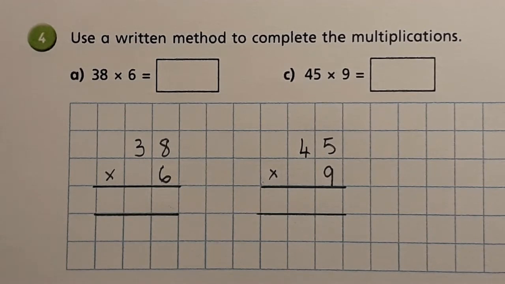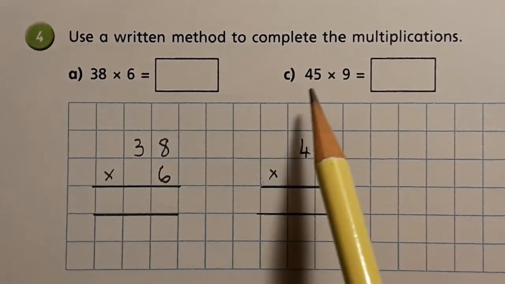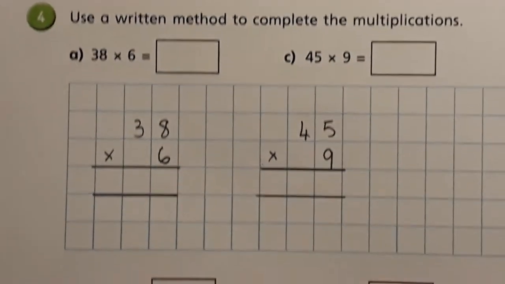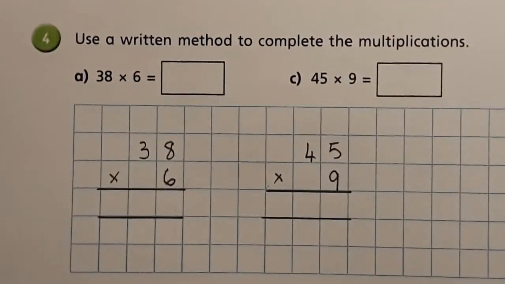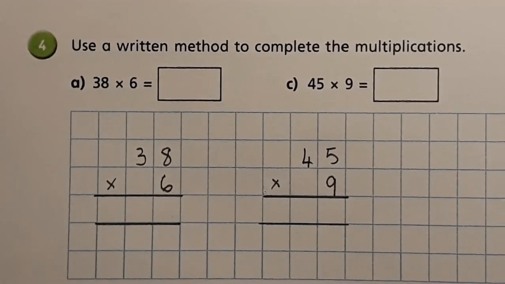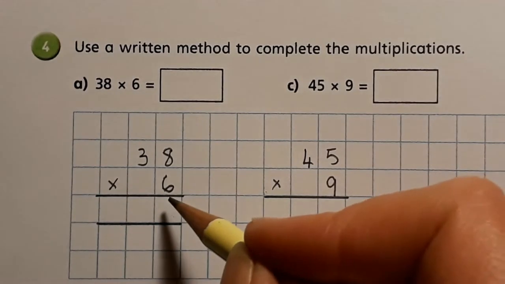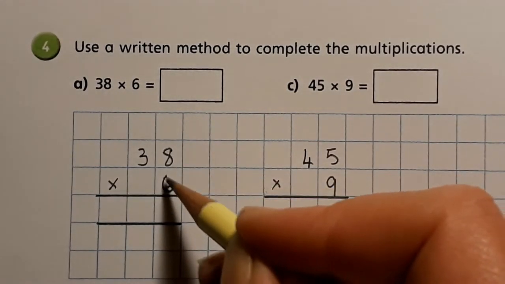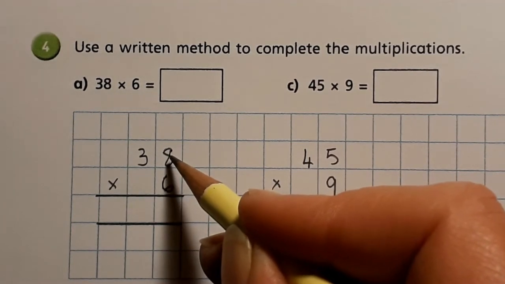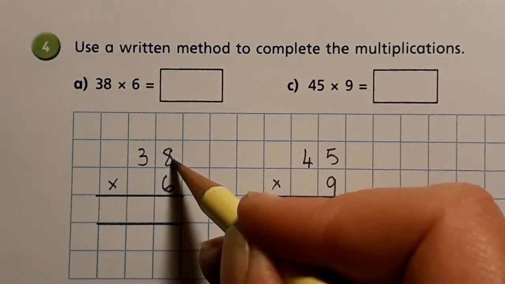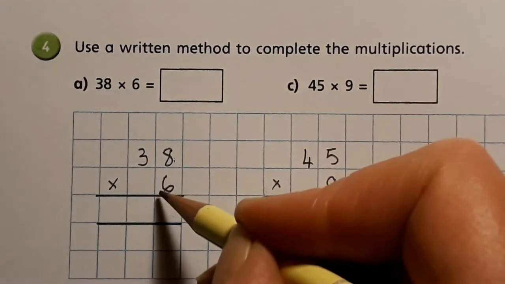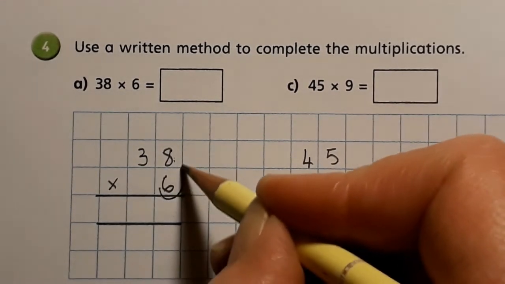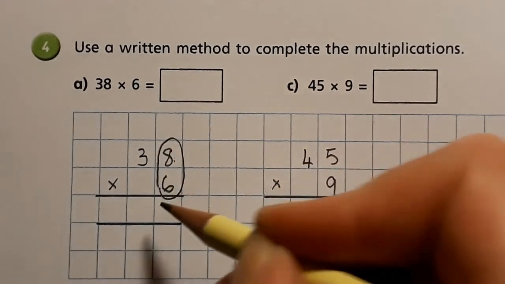Okay, so number 4 says use a written method to complete the multiplications. 38 multiplied by 6. B is down there. Let's just have a look at 38 multiplied by 6. So when you've written it out, make sure you keep the 6 ones that we're multiplying by in line with the 8 ones of the 38. We should be thinking, what is 6 multiplied by 8?